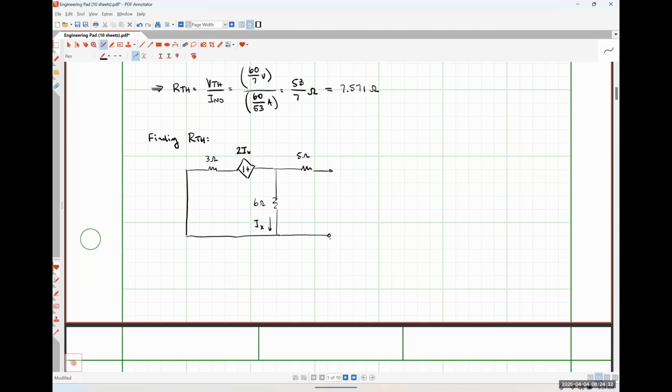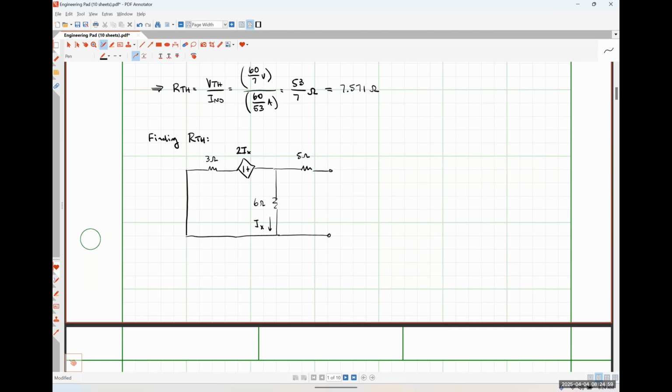If I've done my previous steps right, the result of that test source method analysis will be the exact same answer here. Okay? So we can choose to apply either a voltage source or a current source. So I'm actually going to wind up doing both to prove that we should get the exact same answer every way we approach finding the Thevenin equivalent resistance for a network like this.